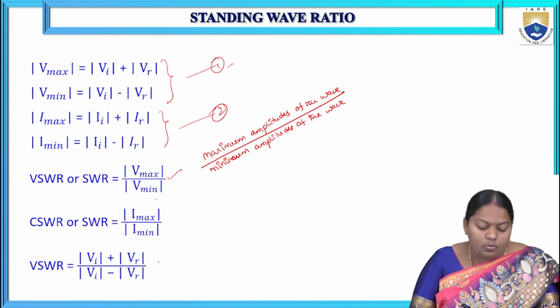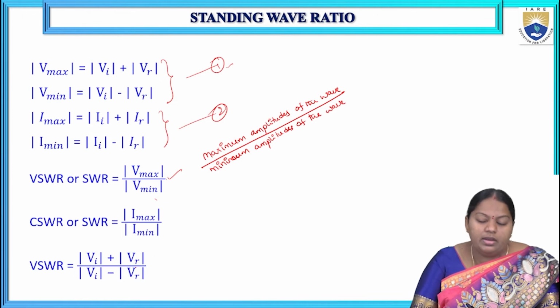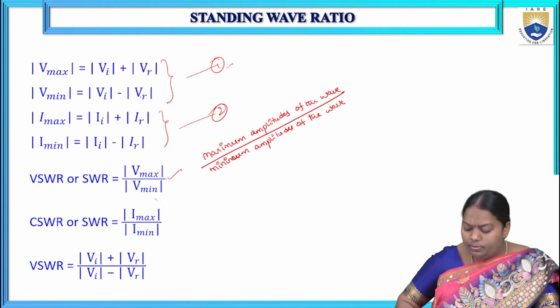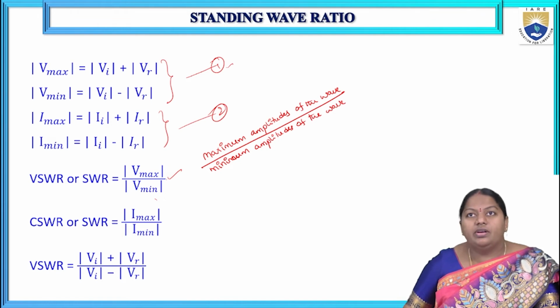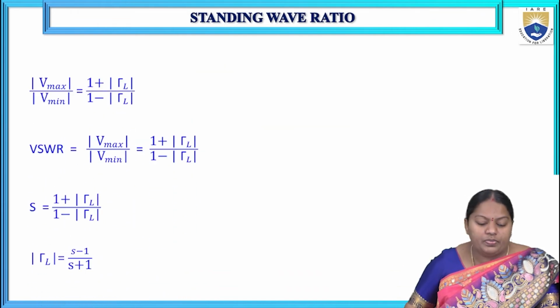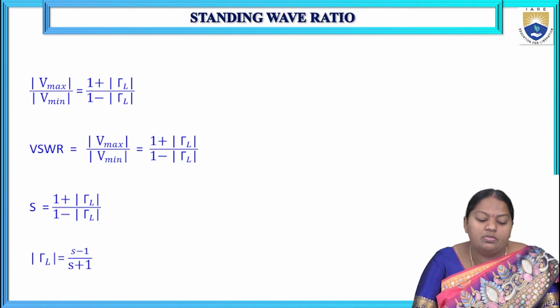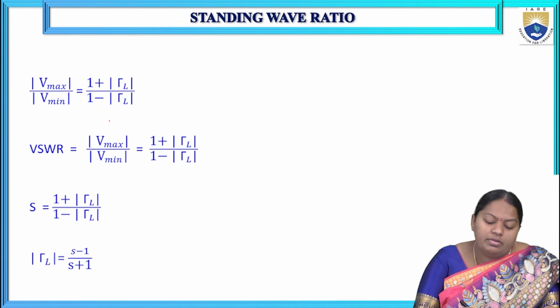Okay, now first consider VSWR. What is the formula for Vmax? From this relation, VI plus VR, right? And V minimum is nothing but VI minus VR. By simplifying this equation, we get V max by V minimum equal to 1 plus gamma L by 1 minus gamma L. How is it obtained?